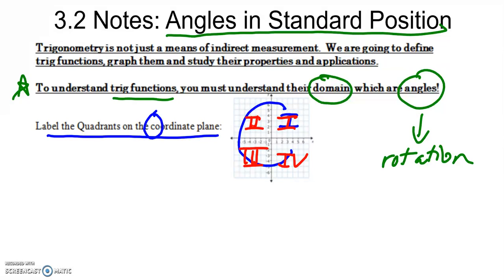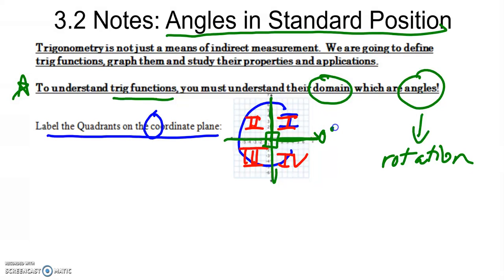Not only is that a useful trick, also, if you take a look at the y-axis and the x-axis, they have a relationship in terms of an angle as well. The x-axis and the y-axis must be perpendicular, or form right angles, which means if you were rotating from the x-axis up to the positive y-axis, you would be going 90 degrees.